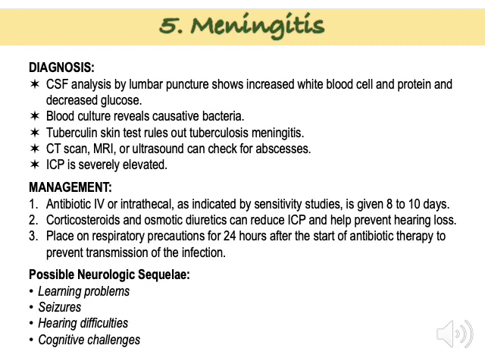Corticosteroids such as dexamethasone or osmotic diuretics such as mannitol. Third is to place the child on respiratory precautions for the first 24 hours after the start of antibiotic therapy. This is to prevent transmission of infection as meningitis is highly contagious.